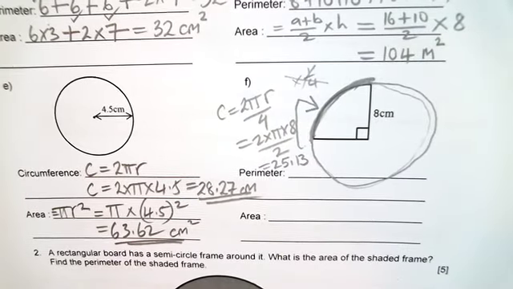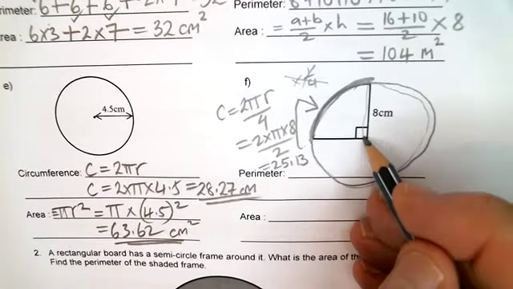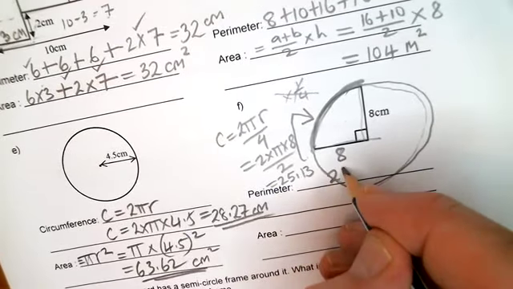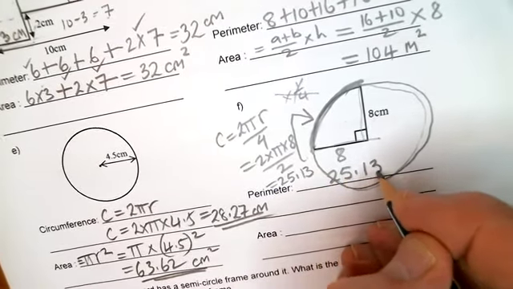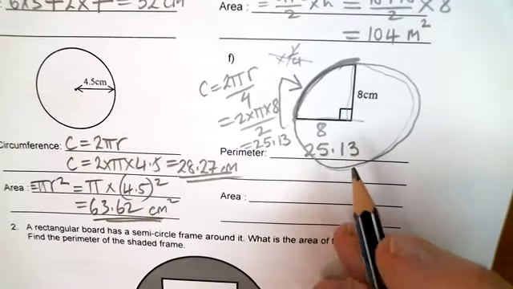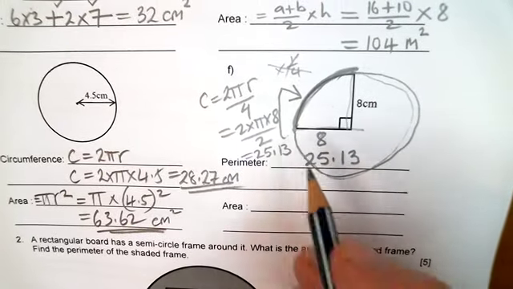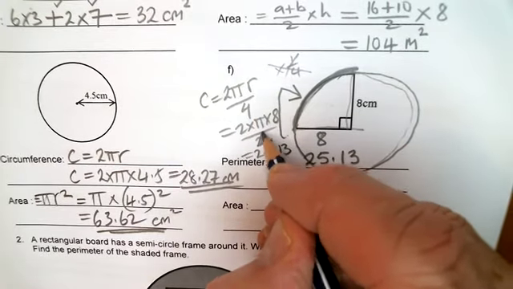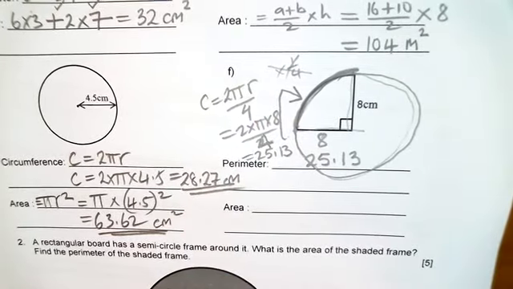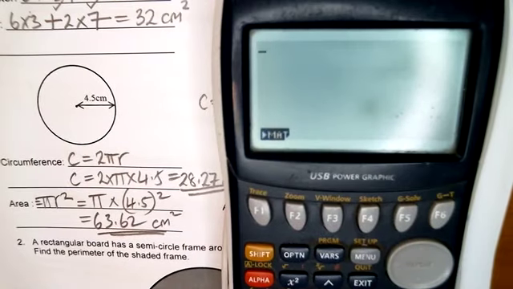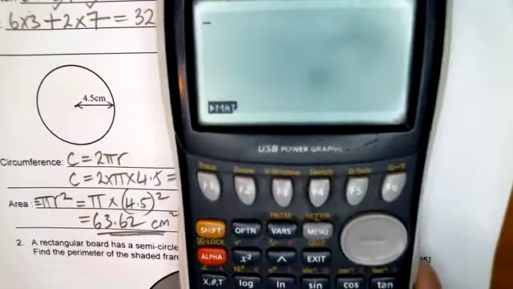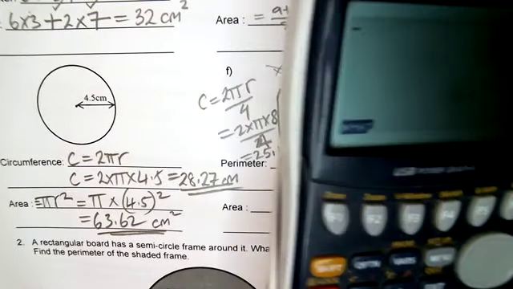Now, this is only that bit there. We've also got this is 8, and that's 8. So the perimeter is going to equal 25.13. Oh wait, could that be right? Oh, I put divide by 2. You muppet, it should be divided by 4. Crikey, that's no good. Let's try it again. I've got 2 times pi times r, and r is 8.